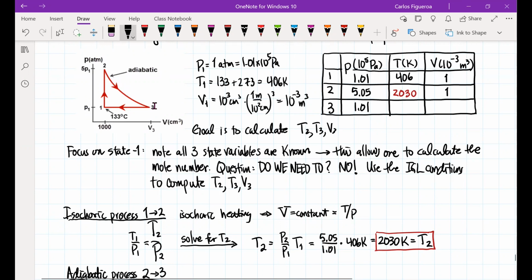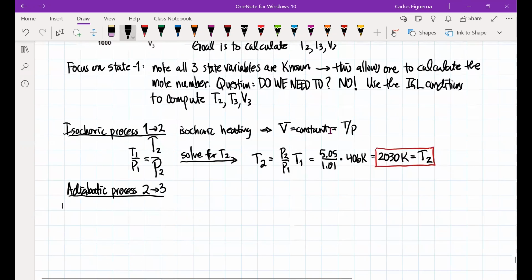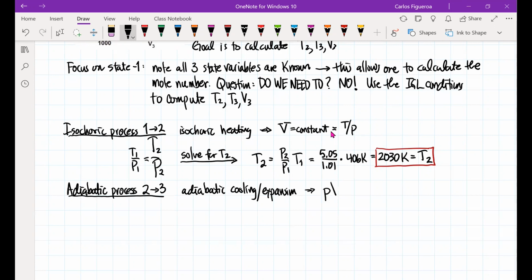If I look at the adiabatic process, I'm going after the volume 3. I have adiabatic cooling, which means I should see the temperature drop, and I have an expansion, but that tells me that the pressure times the volume has to be a constant.